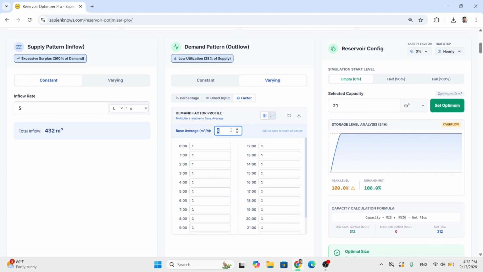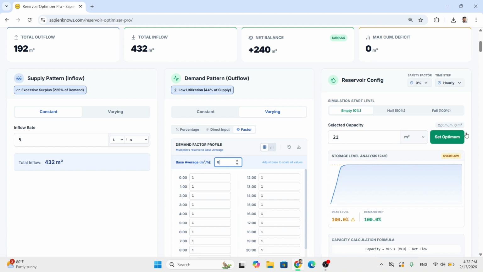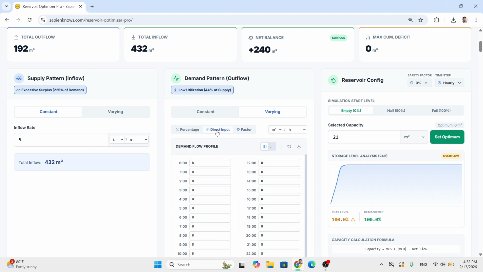So if you have a greater demand, we'll have to select the unit, liter per second.